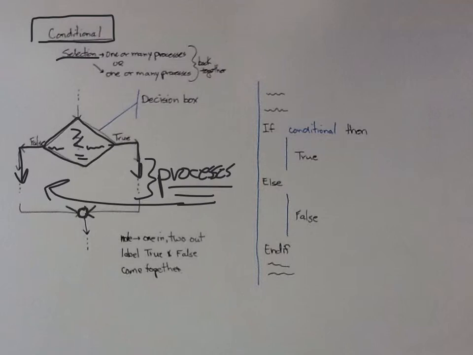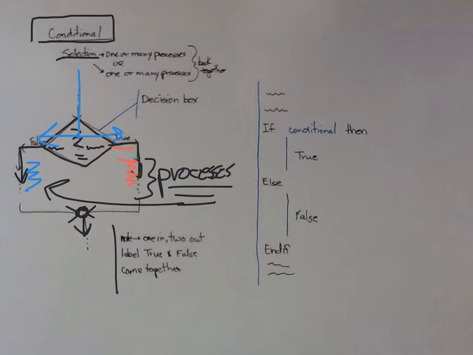So I have my lines pointing there. They must come back together, and then the program continues. So you come in, you decide, and it's one way or the other, based on this statement, true or false. If it's false, it executes these over here. If it's true, it executes these over here. And then they always come back together.